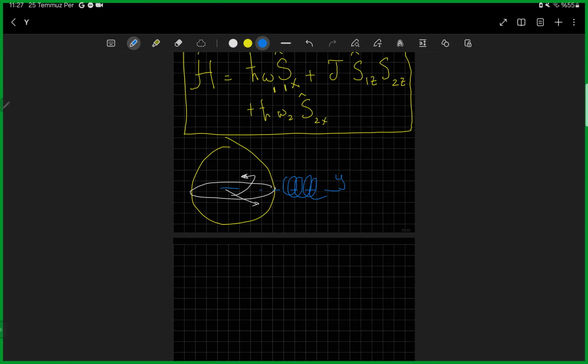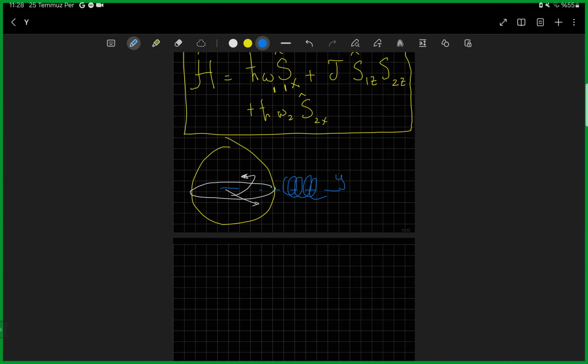Now, since the spin is a precessing magnet, the flux that this precessing magnet creates through this coil is changing with time. The flux through this coil, which is the magnetic field times the area of this coil, is changing at a frequency omega.